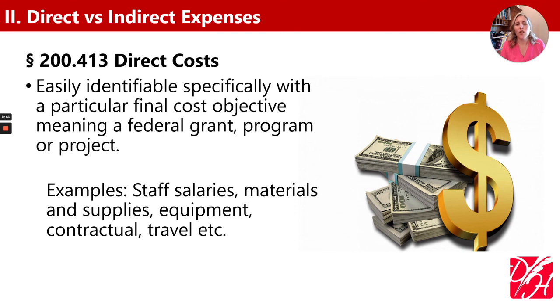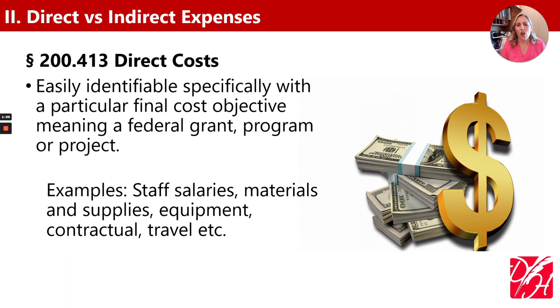And so the Code of Federal Regulations is where we find all sorts of restrictions on the types of expenses that are incurred by grantees. And so the symbol that's in front of the number 200.413, that indicates that what we're looking at is information that is from the Code of Federal Regulations.